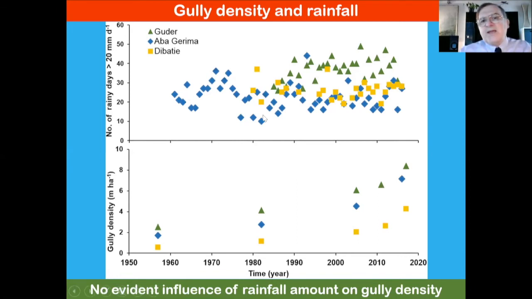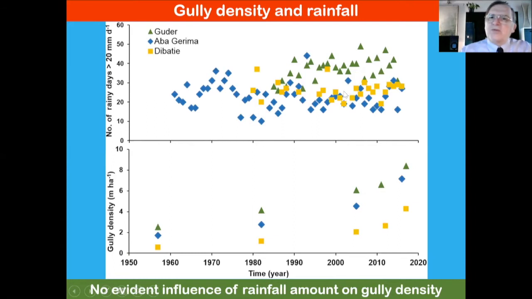And you can see here that although the gully density is increasing, there is not such an increase in rainfall intensity, with the exception probably of Gudar, where there is a little trend.